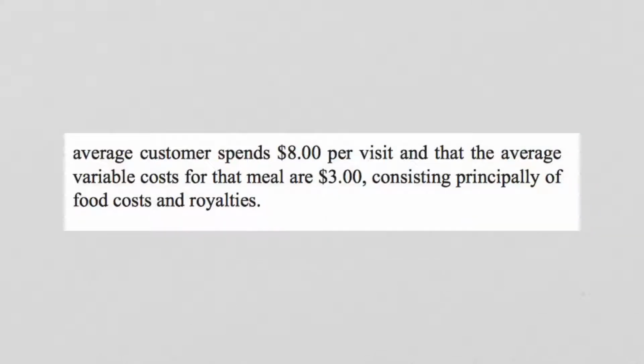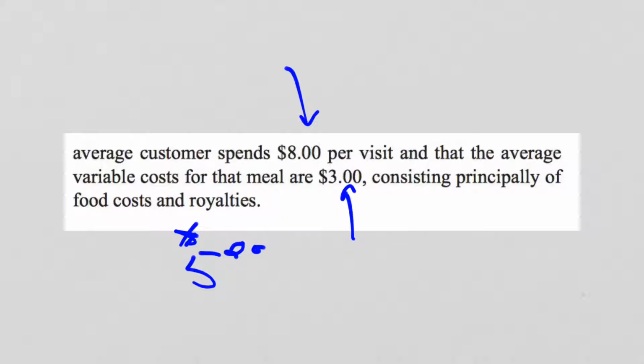That's the fixed overhead, real fixed. The average customer spends $8 per visit. The variable cost is $3. The contribution margin, you should see right off the bat then, is $5 per customer. That's the contribution margin.